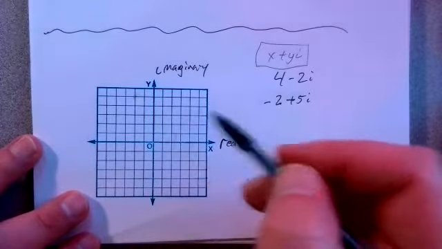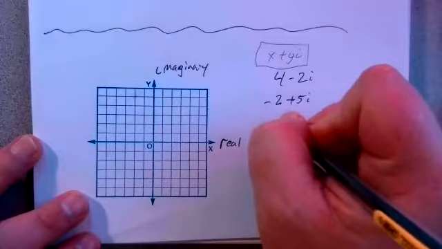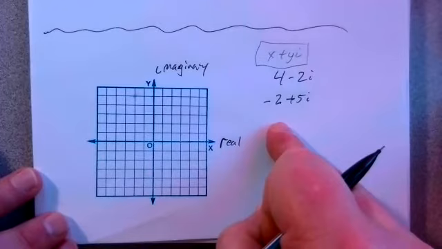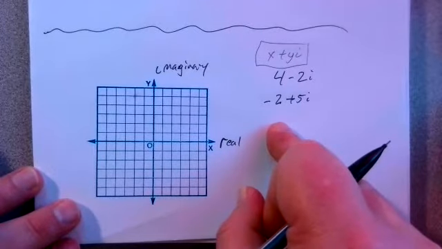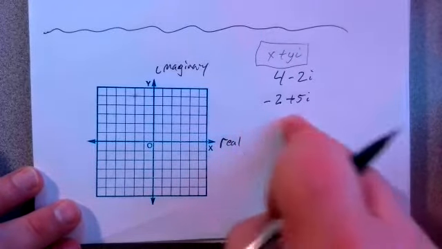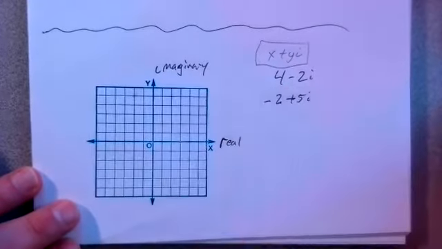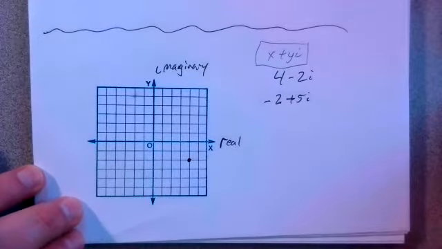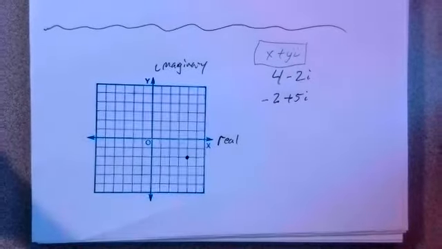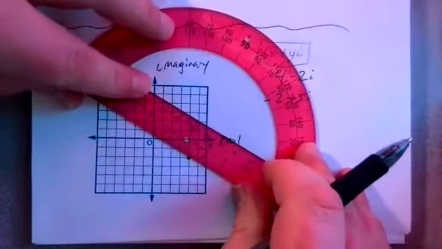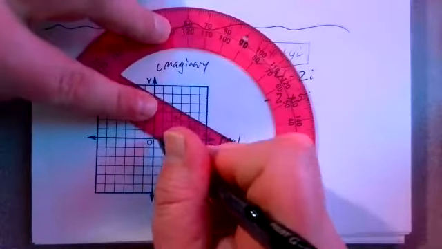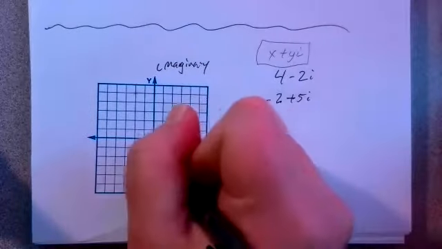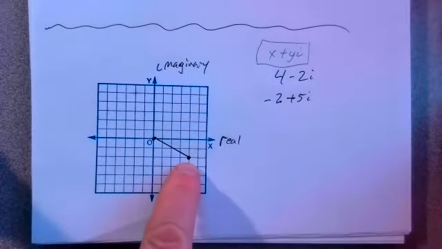Let's do something, you know what? Let's do 4 plus 2i. I want to figure out what the distance away from the origin is. So what's that distance from the origin to that point?